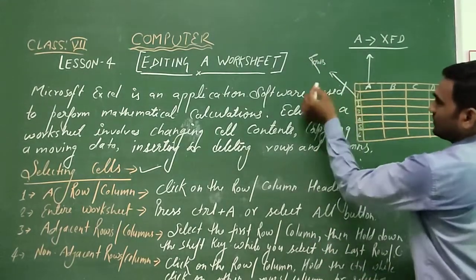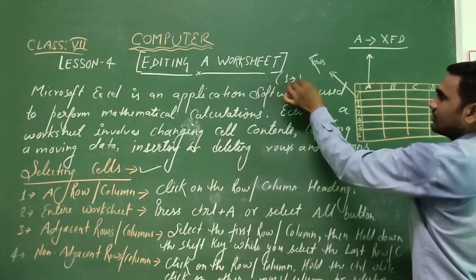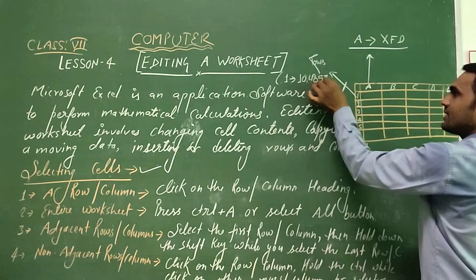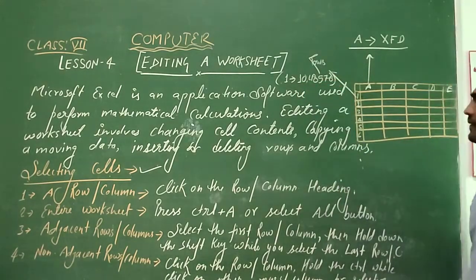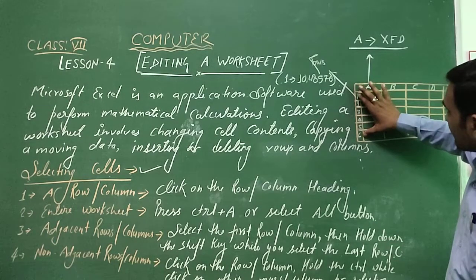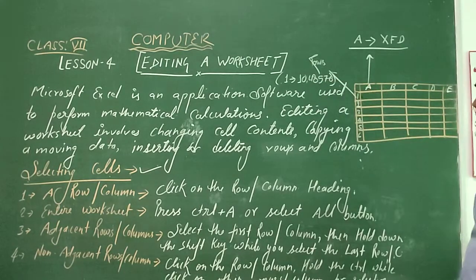and we have rows starting from 1 to 1,048,576. Okay, so in our Excel sheets we have 1,048,576 rows.